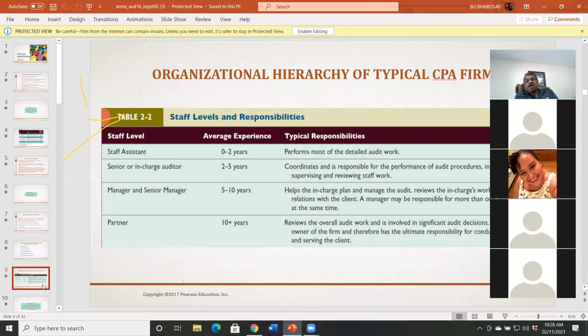When you graduate from college and you're going to be looking for a job in a CPA firm, you're going to be looking for a job as a staff assistant. A staff assistant in the old days, in my days, we used to call that position a junior accountant. So you see that position, junior accountant, it's the same as staff assistant.